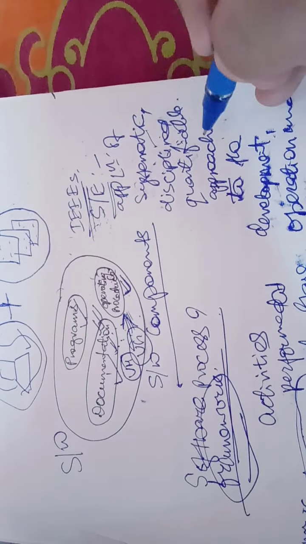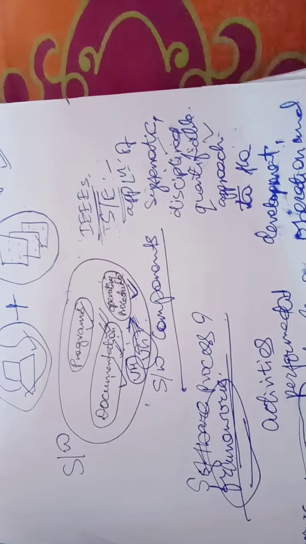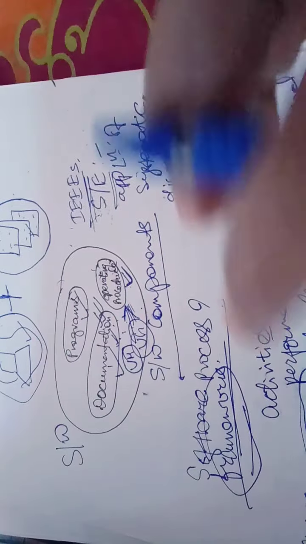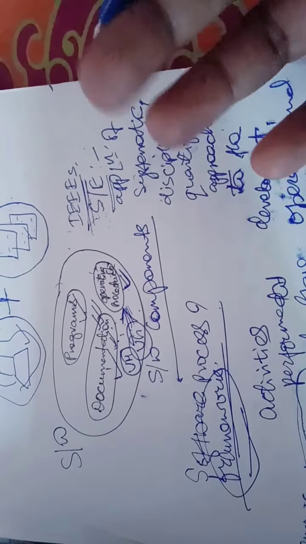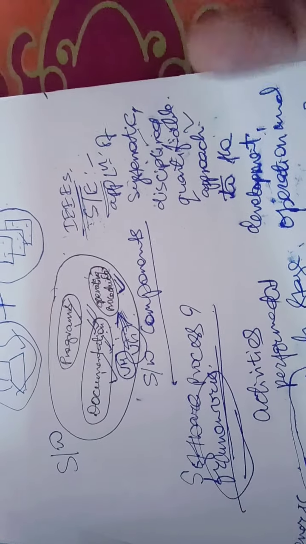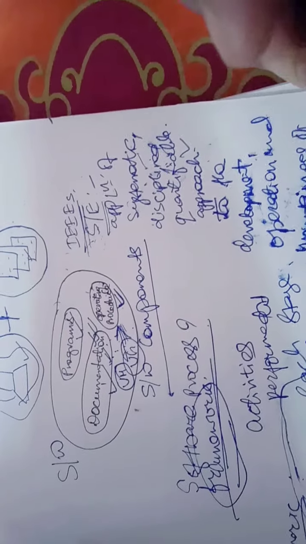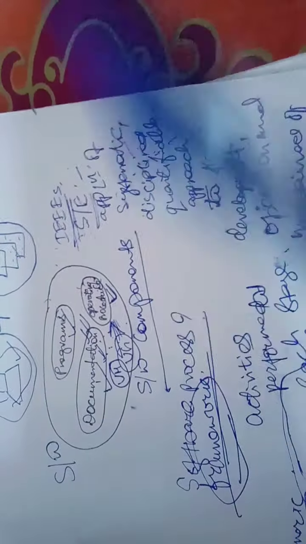So disciplined and quantifiable means each and every stage is known for something. We are capable enough to quantify. If we say that software can be developed in 3 stages, then only those 3 stages can be applied in any type of software.